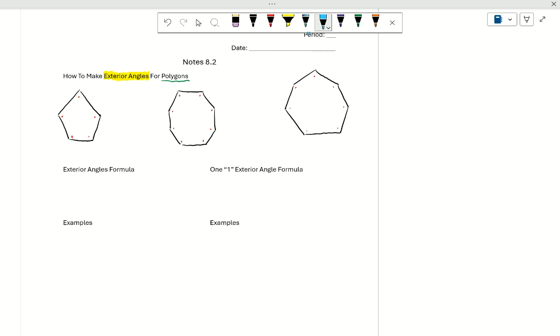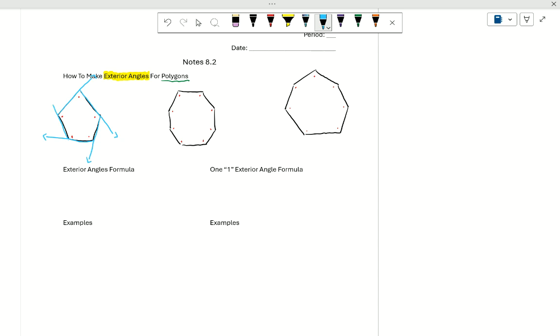What you do is you take a side of the shape, and it doesn't matter which side you start at, but you have to start at a side. And you just extend that side of the shape, so it goes outside the shape. And what you do is you just work your way around the shape in a clockwise manner, and always extend each one of the sides going outside the shape.